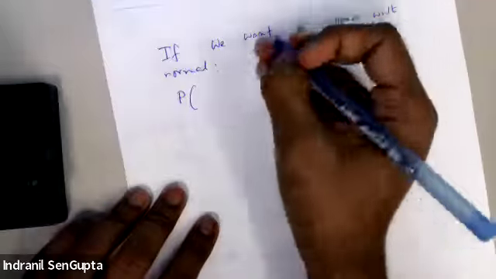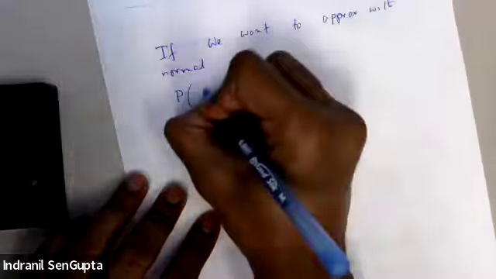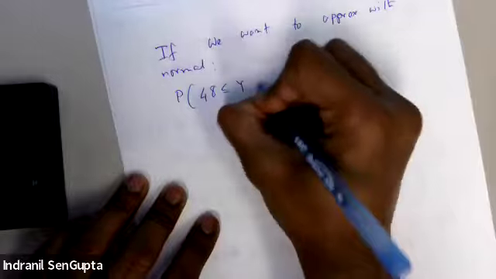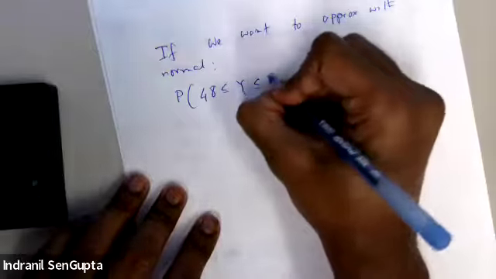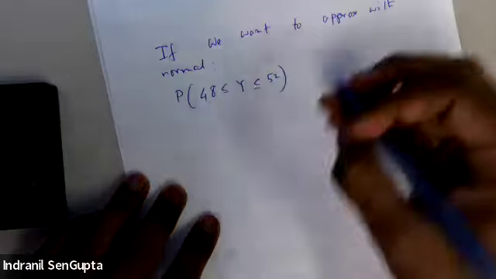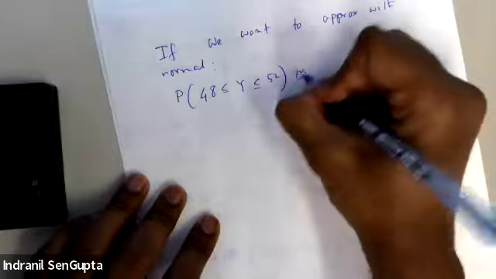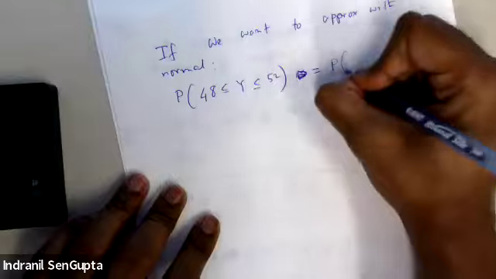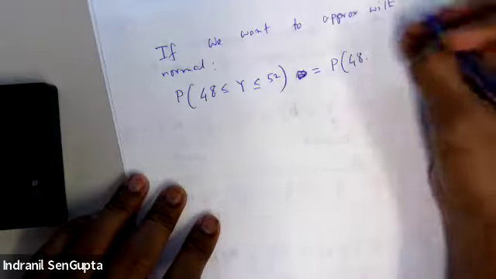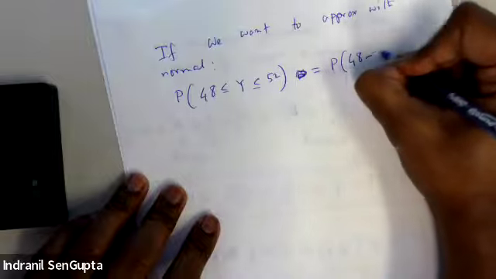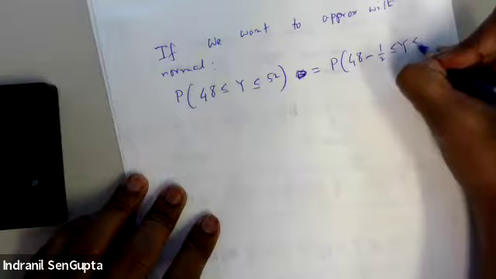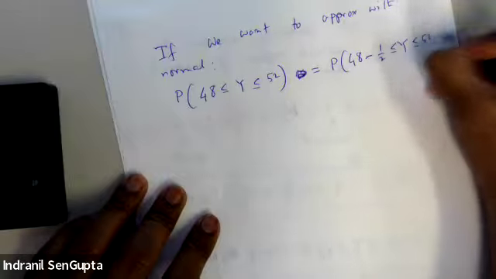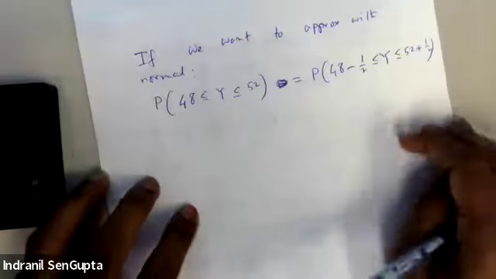Probability of 48 less than or equal to y less than or equal to 52 is actually exactly probability of 48 minus 1/2 less than y less than 52 plus 1/2, right?